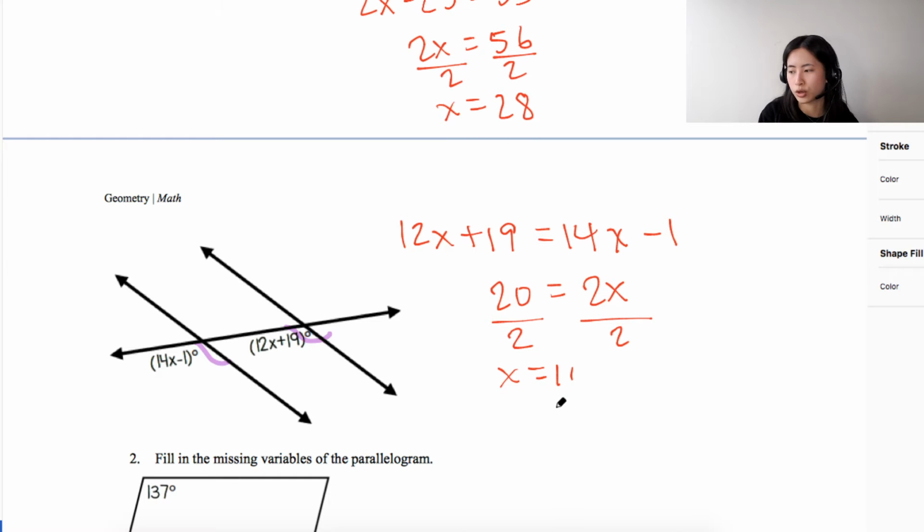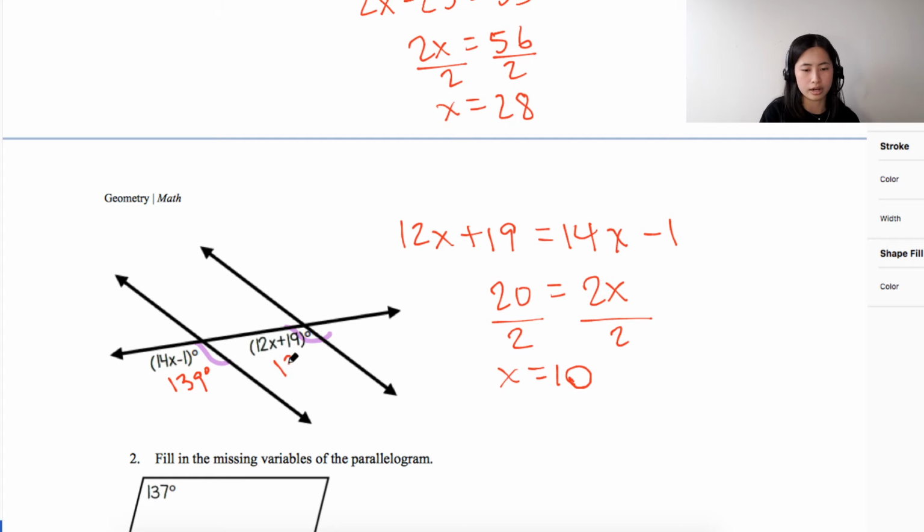In order for you to solve for this and this, all you have to do is plug in 10. So 14 times 10 is 140 minus 1, that's 139. And for this, it's 12 times 10, that's 120, then you have plus 19, that's equal to 139.